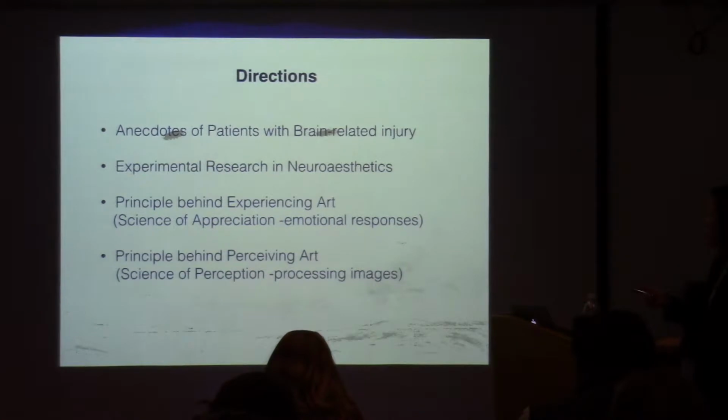And then I'm going to present some ideas that were proposed by Ramachandran in 1999 about his thoughts on the principles behind experiencing art, some of the science behind why we appreciate certain art objects and why we are attracted to beauty.